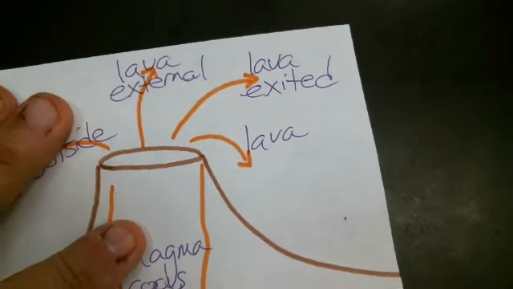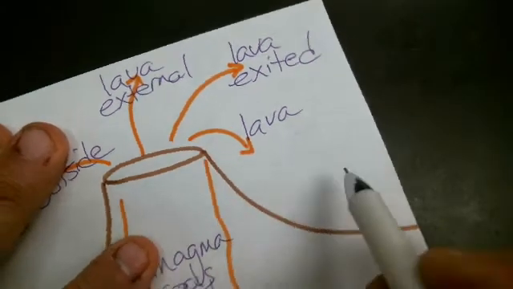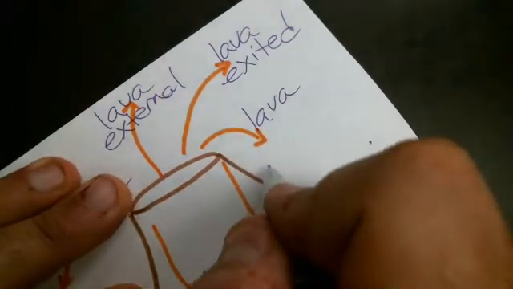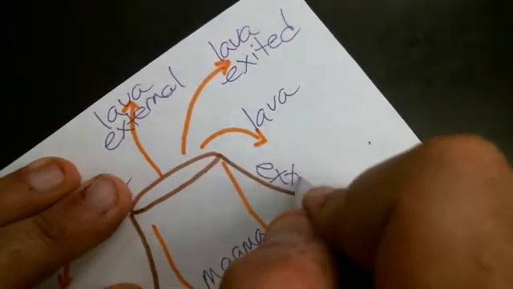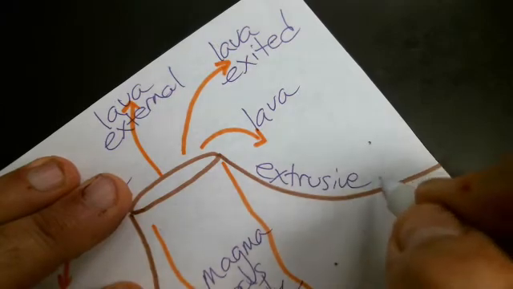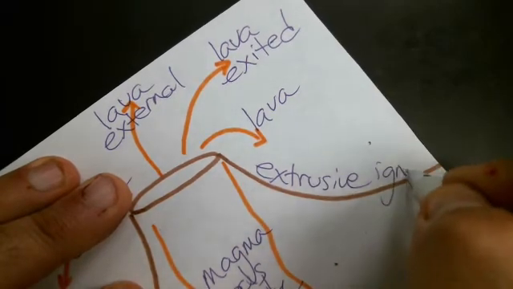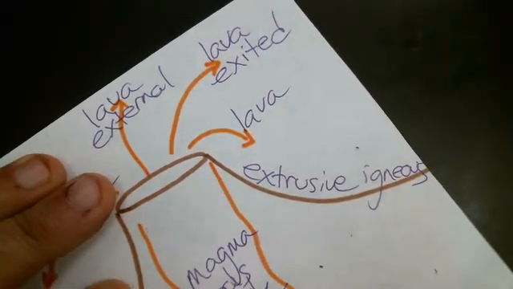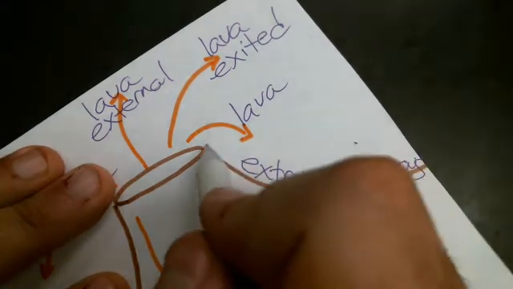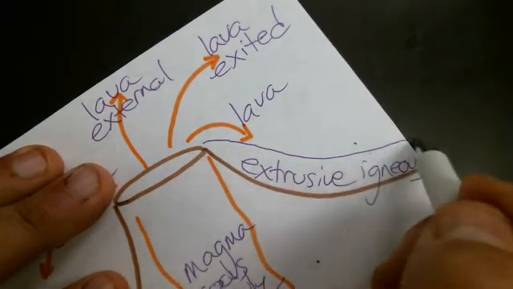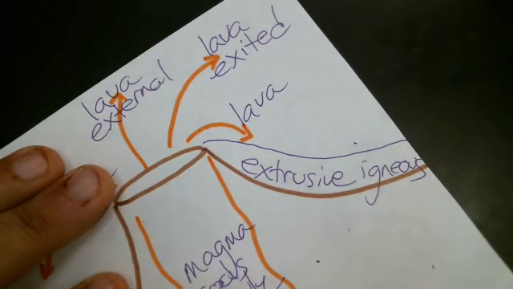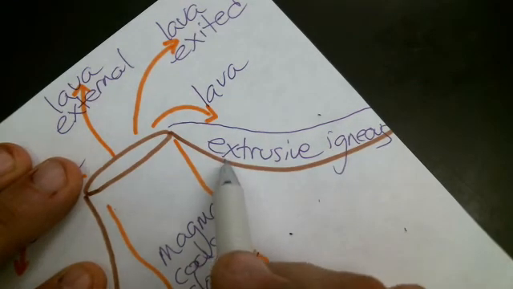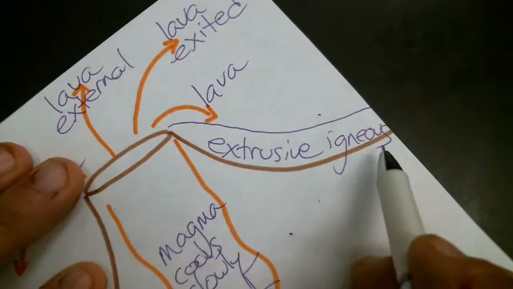I write down all those words because I want you to know that when it flows out, it forms extrusive igneous rock. Extrusive igneous rock as it flows out of the volcano and solidifies. So on the side here, write extrusive igneous rock.